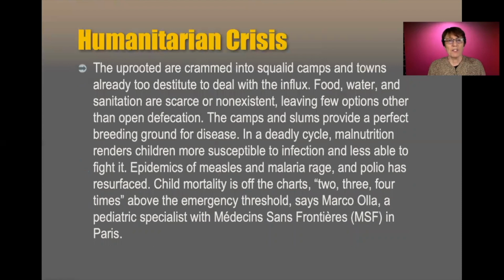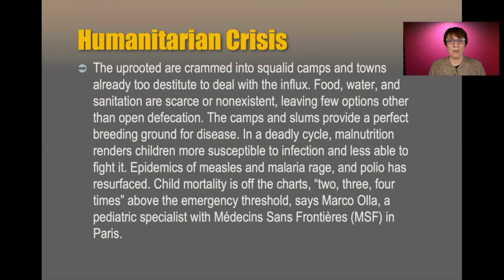So the uprooted are crammed into squalid camps and towns already too destitute to deal with this influx. The food, water, and the sanitation are scarce or non-existent, leaving few options other than open defecation. So there is no toilets here, okay? The camps and slums provide a perfect breeding ground for disease, and in a deadly cycle, malnutrition renders children more susceptible to infection and less able to fight it.